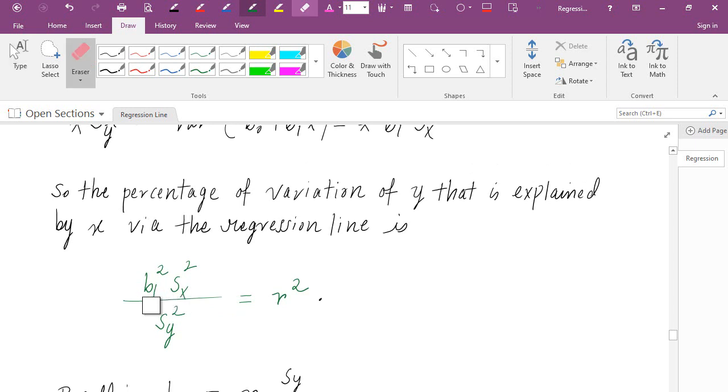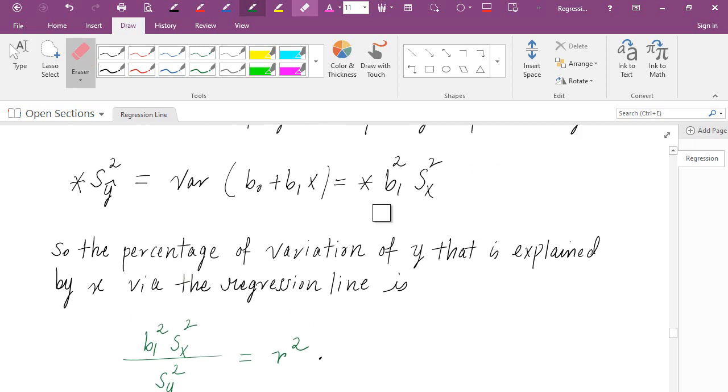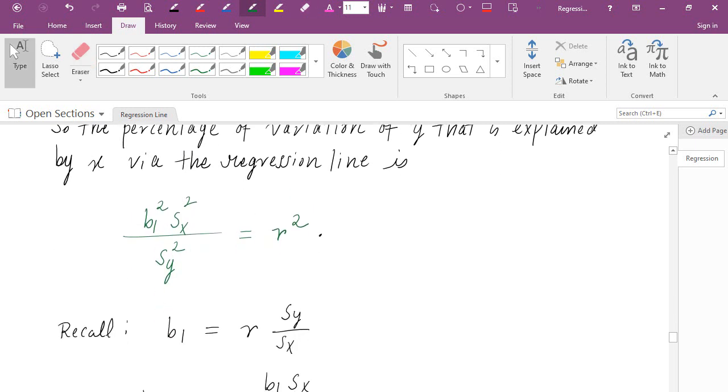The numerator is the total variation of y hat that we have seen here, and the denominator is the total variation of y. I'm not multiplying by the data size here because they cancel out. And it turns out that this ratio is equal to the square of the correlation coefficient R.